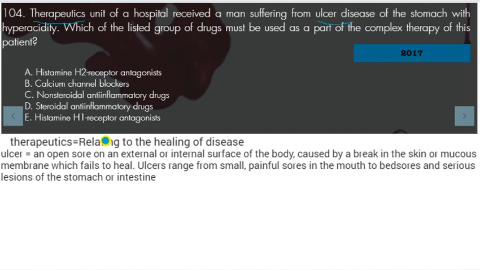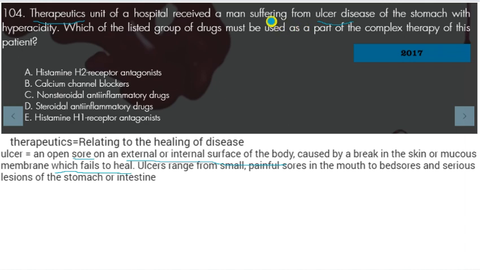An ulcer is an open sore on an external or internal surface of the body, caused by a break in the skin or mucous membrane which fails to heal. It is very important: which fails to heal. Ulcers range from small painful sores in the mouth to serious lesions of the stomach or intestine.